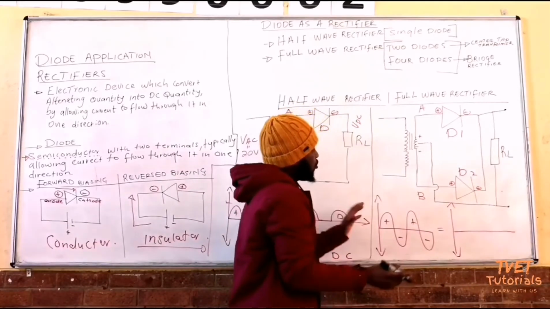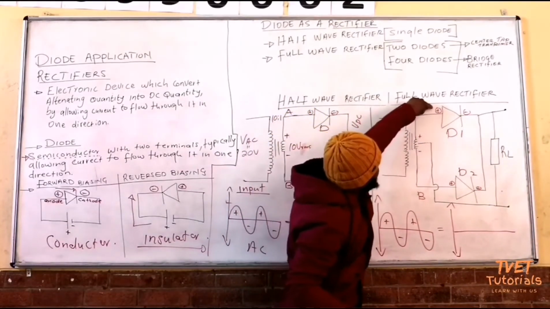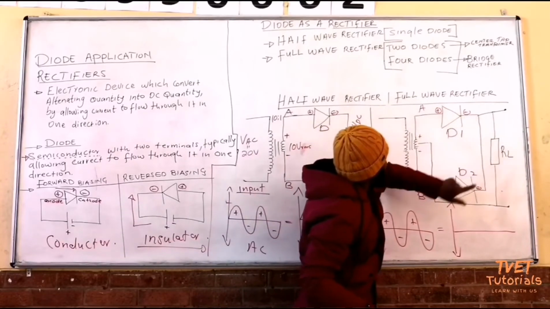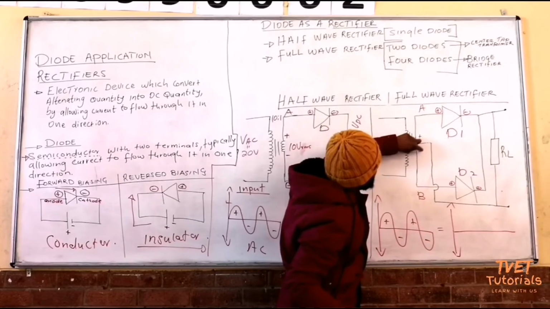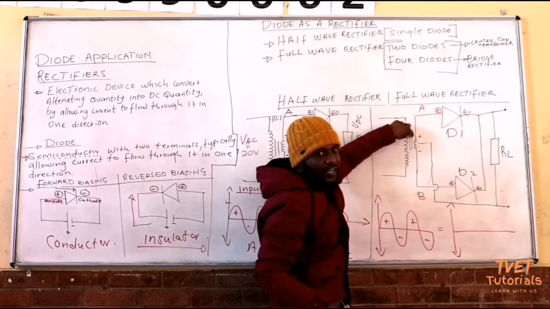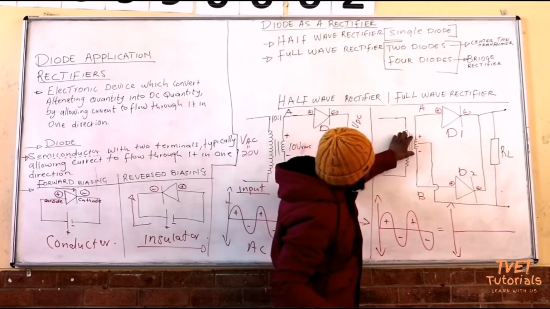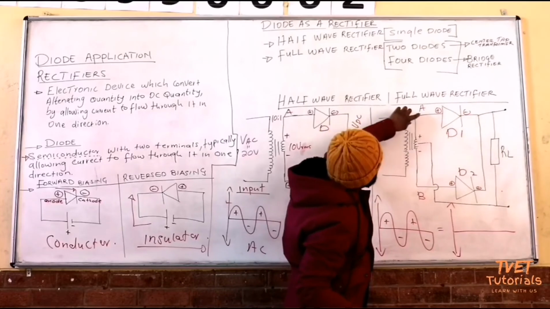Now, during the positive half cycle, let's look at this diode, D1. You have plus there, you have minus there. You have connected the plus to the plus. Remember, in this case, these windings are the ones that supply the voltage to the diode.